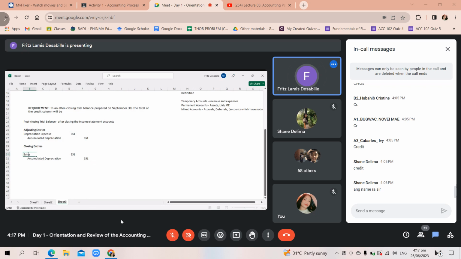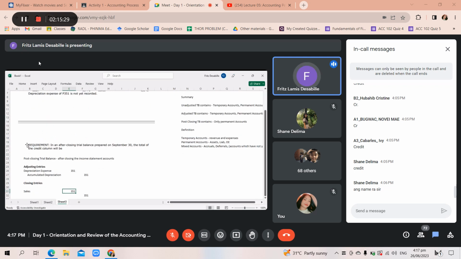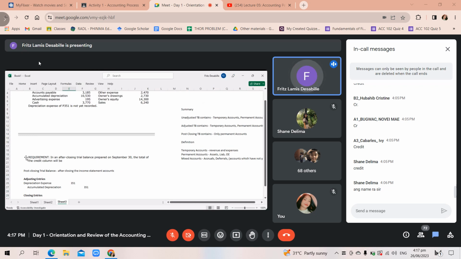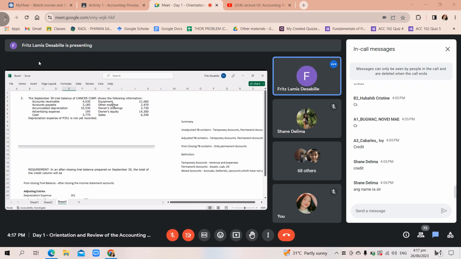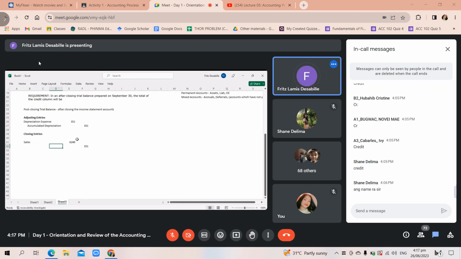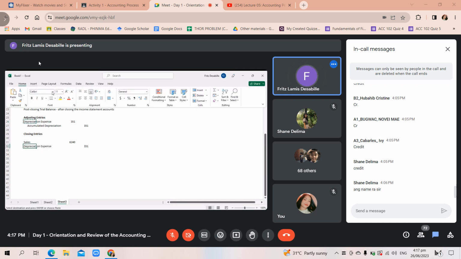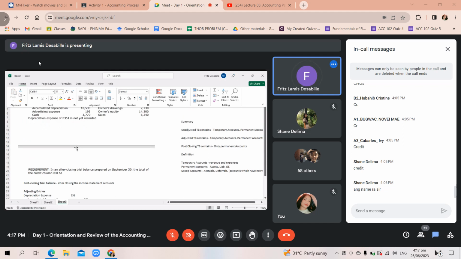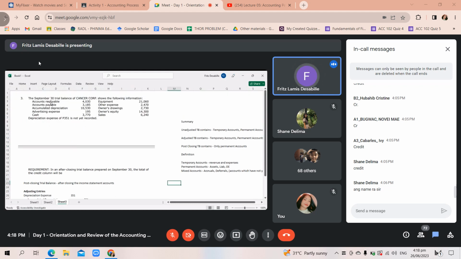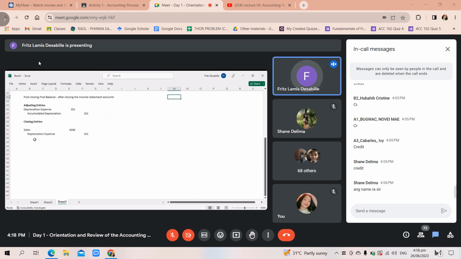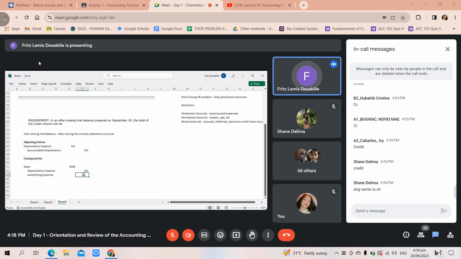I'll combine the entries, guys. Sales, 640. Next, let's credit depreciation expense because there is an amount there. And what other expense accounts are there? AP, AR, depreciation, advertising. How much? 195.